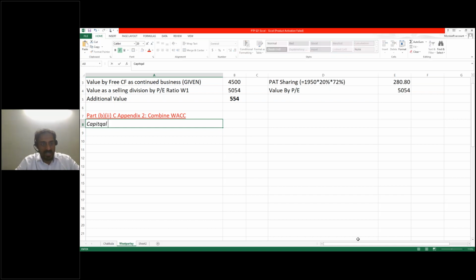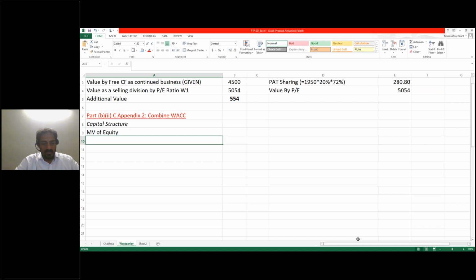Sir, number one, the capital structure. Capital structure means market value of equity and market value of debts. Sir, what will we take as market value of equity and debts?